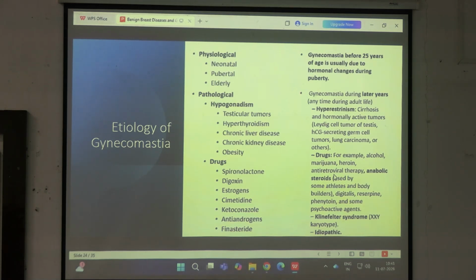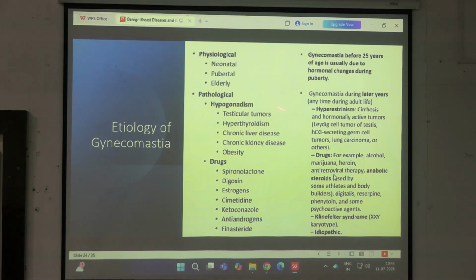But in adults, it is mostly pathological, occurring due to a hyperestrogenic state or hypogonadism, and due to many drug related causes. Most important are alcohol, marijuana, anabolic steroids, and another is Klinefelter syndrome. It can also be idiopathic.